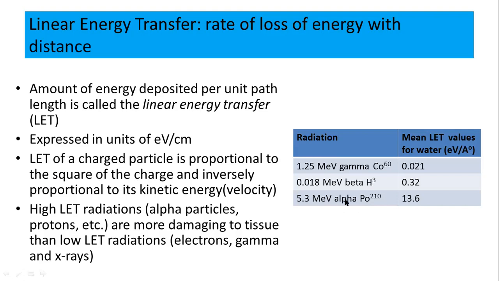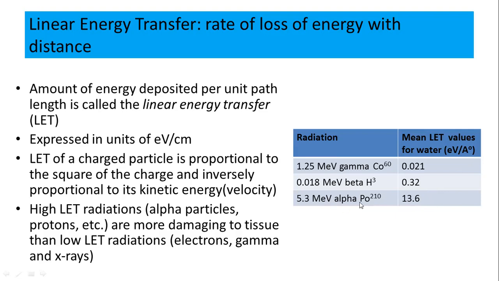That's why, if you compare here, for alpha at 0.51 mega electron volts, the LET value for water is 13.6 electron volts per angstrom. So this is more. That means alpha is going to ionize more than the beta and the gamma radiation.